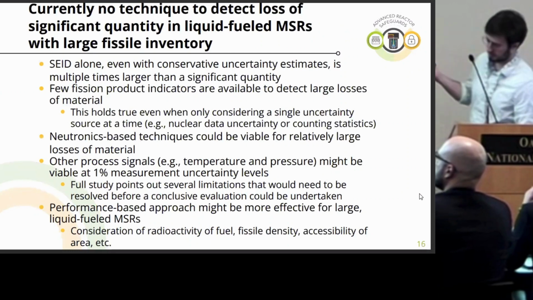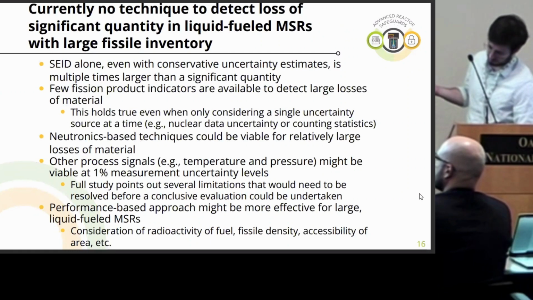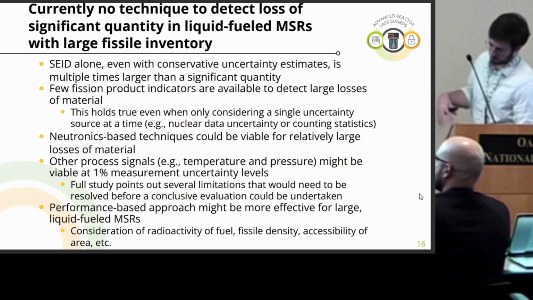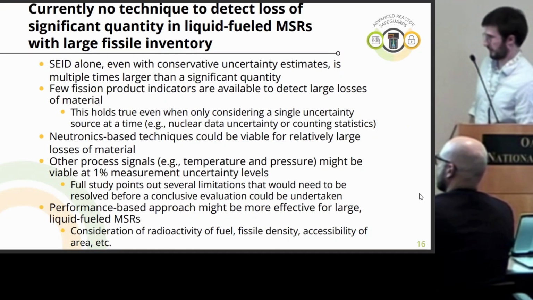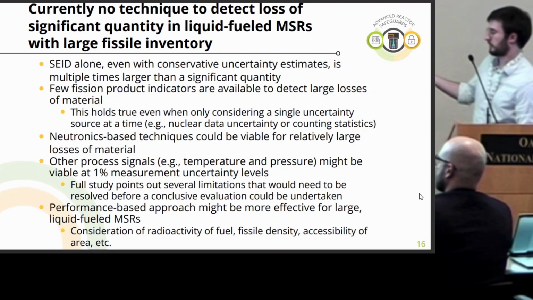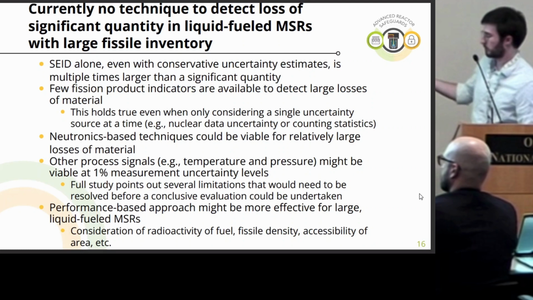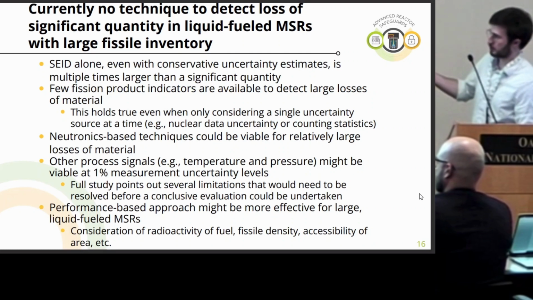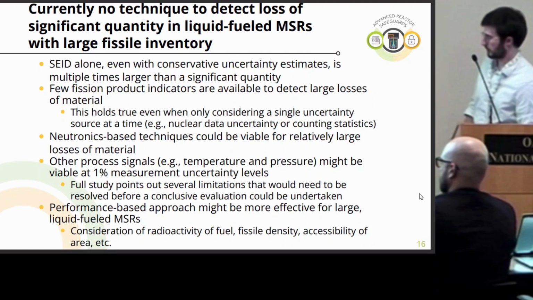So I just want to sum up here, to show why the subsequent talks are going to present what they are: SEID alone or sigma MUF is probably not going to be sufficient to reach conventional regulatory targets.